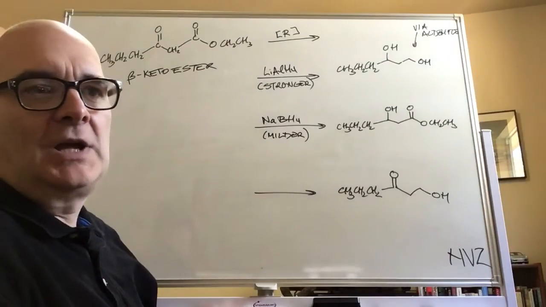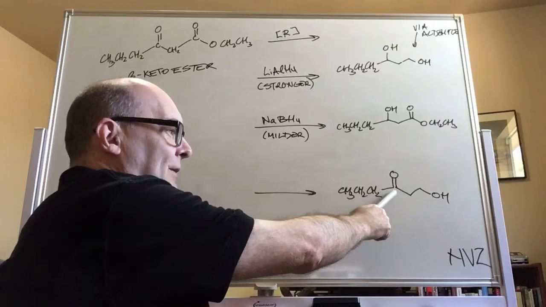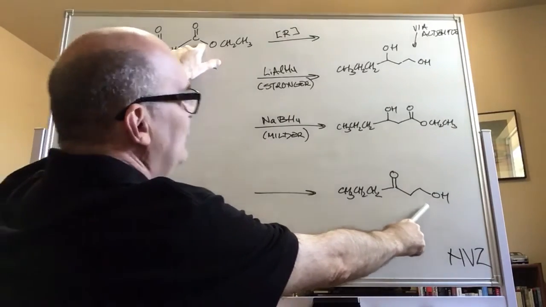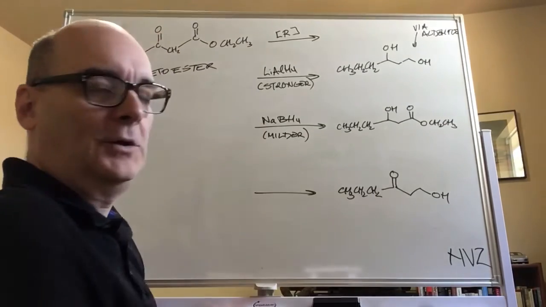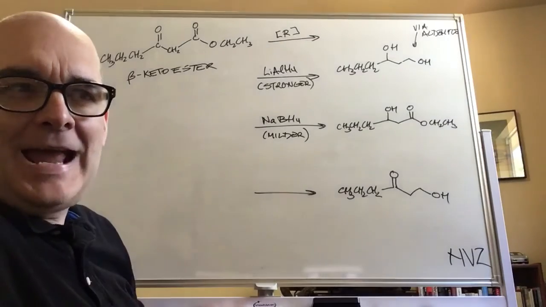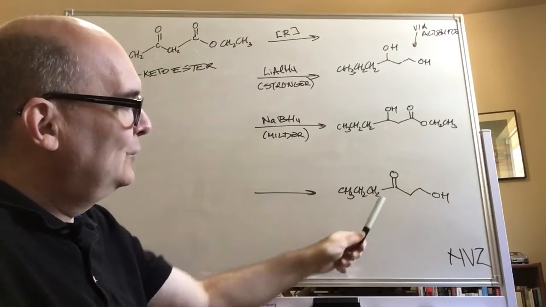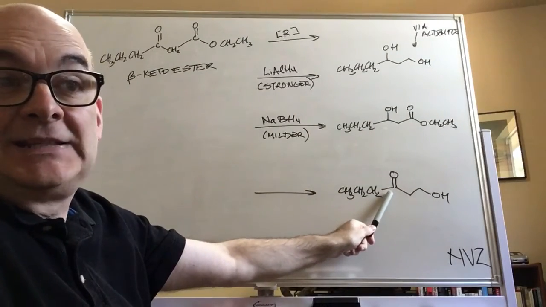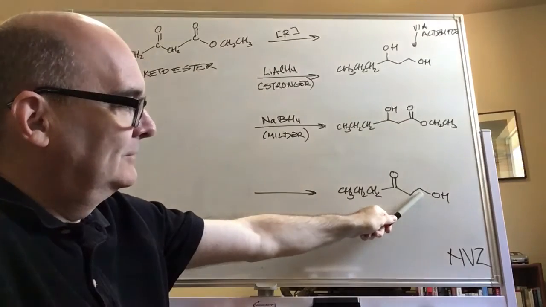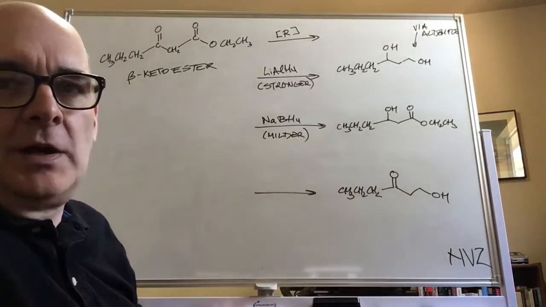But then the question comes, what if I want to keep this part of the molecule intact and only reduce the other part of the molecule? Well, that sounds impossible, because that involves you reacting the least reactive part right here, and then leaving the most reactive part untouched.